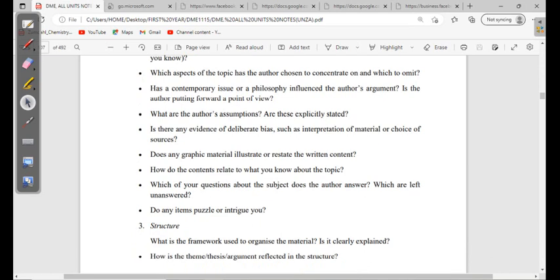What are the author's assumptions? Are they trying to assume some things? Are they explicitly stated? So when you say explicitly stated, it means they have not said it directly. They want you to interpret. So there is an explicit meaning and an implicit meaning. Explicit is something that is directly explained, something that can explain itself.